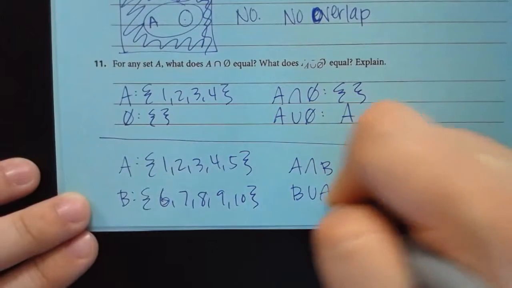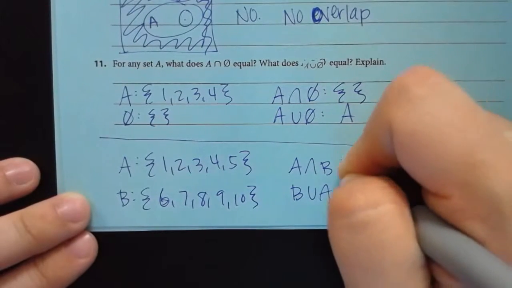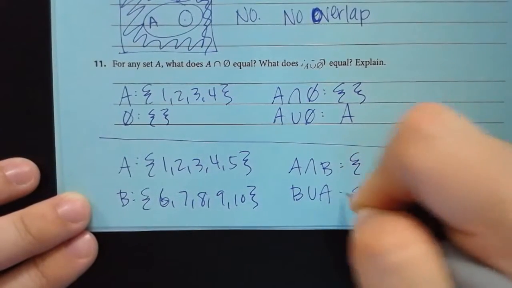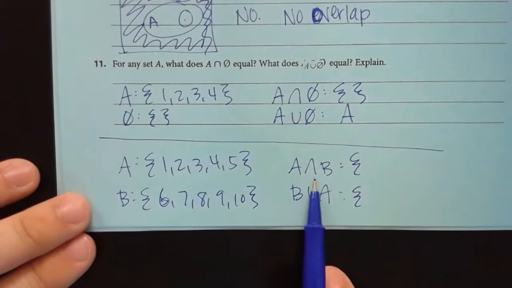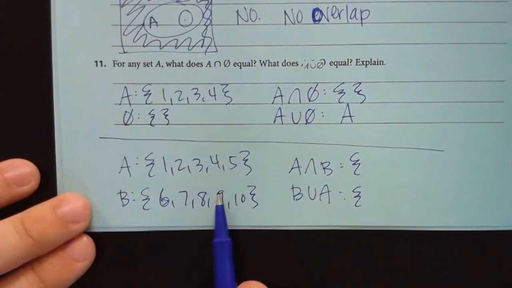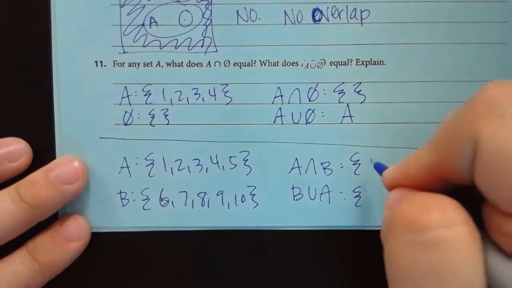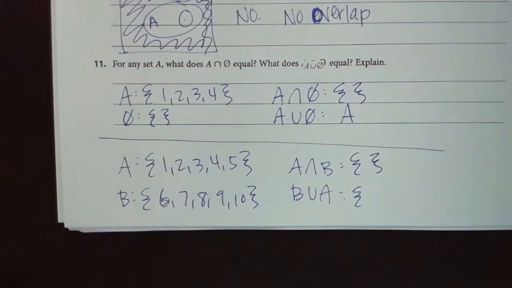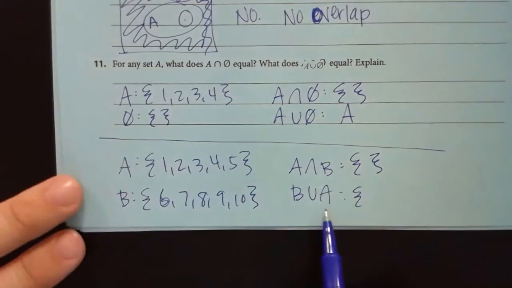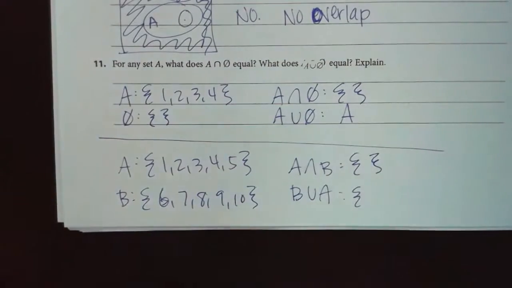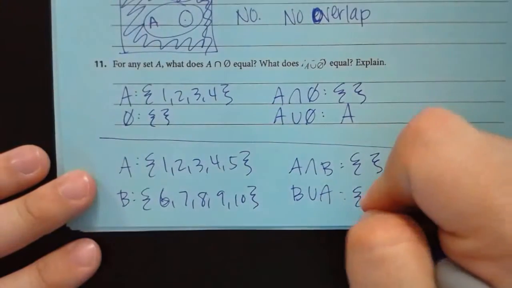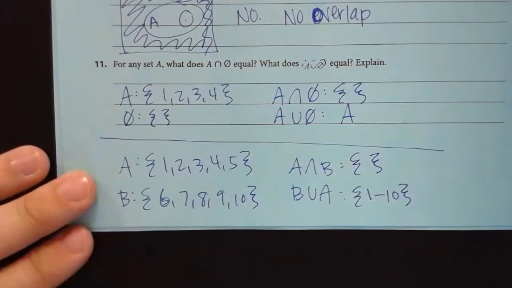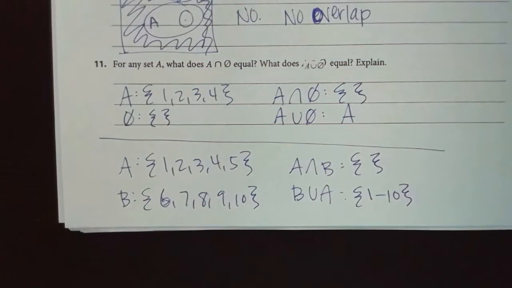What would the intersection be? What are the duplicates between the two sets? There isn't any, right? So the intersection would be the empty set. There's no overlap. What would the union be? Throw them all in a line. Everything, 1 through 10, right? Okay, that's all.